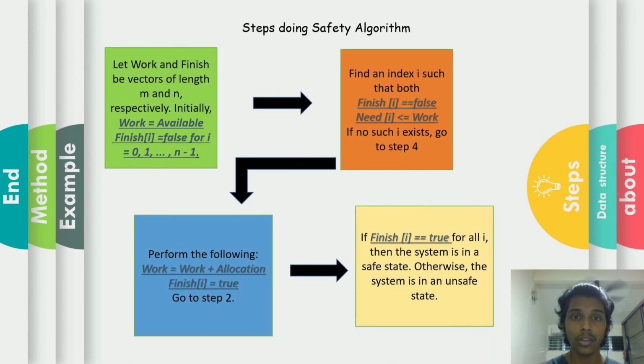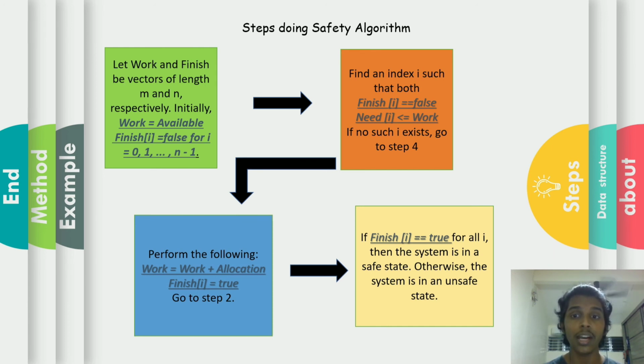These are the steps of the safety algorithm. The first one is we let Work and Finish be vectors of length m and n respectively. Initially, Work equals Available and Finish[i] equals false for i equals 0, 1 until n minus 1. The second step is we find an index i such that both Finish[i] equals false and Need[i] is less than or equal to Work.